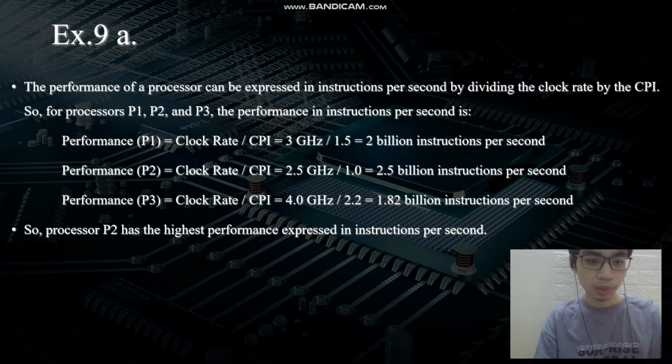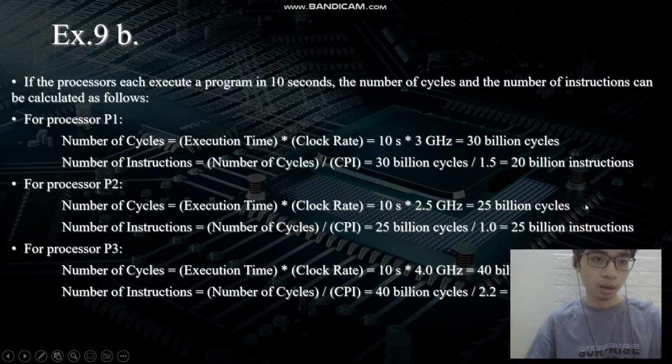So processor P2 has the highest performance expressed in instructions per second. And for part B, I calculate the number of cycles and instructions executed by each processor when running a program for 10 seconds.